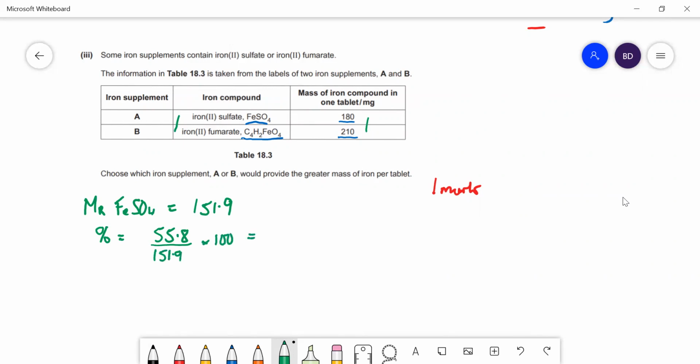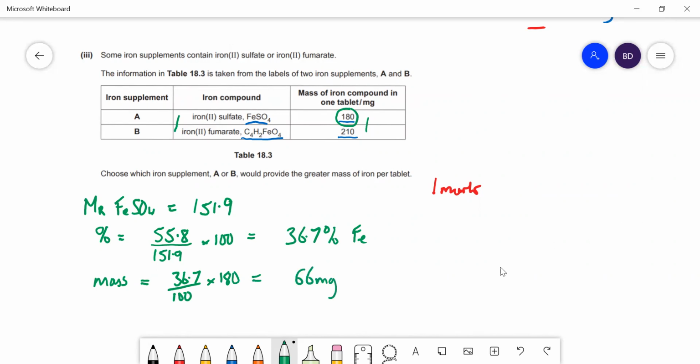So that one is 36.7% iron. Let's do the mass of iron in that tablet then. The mass is equal to the percentage, 36.7 divided by 100, multiplied by the mass of the tablet in milligrams, 180. That gives us 66 milligrams in that one.